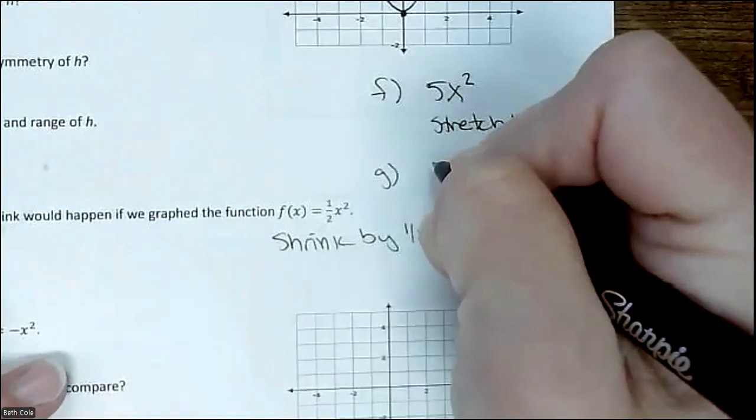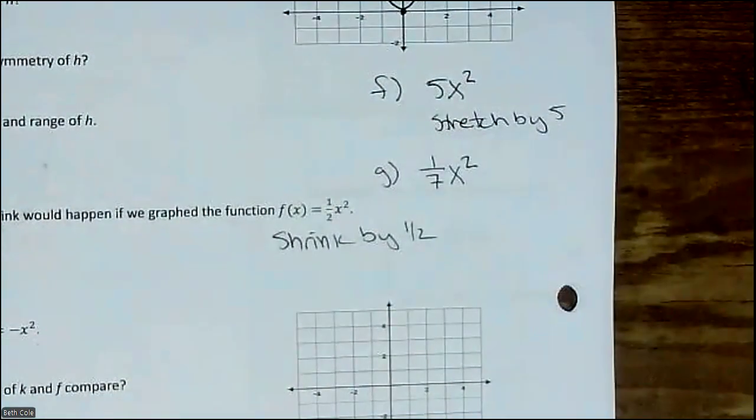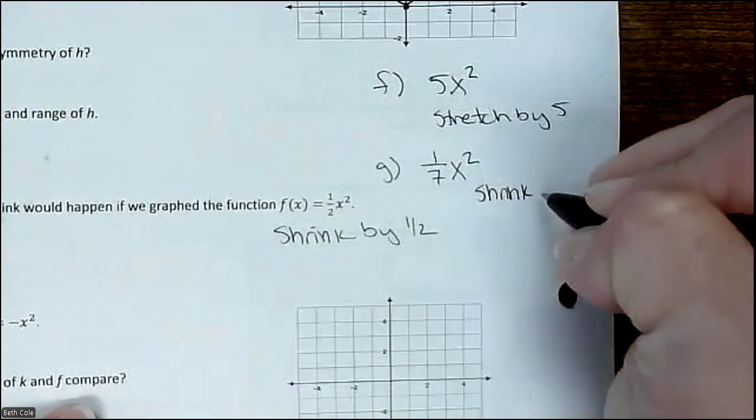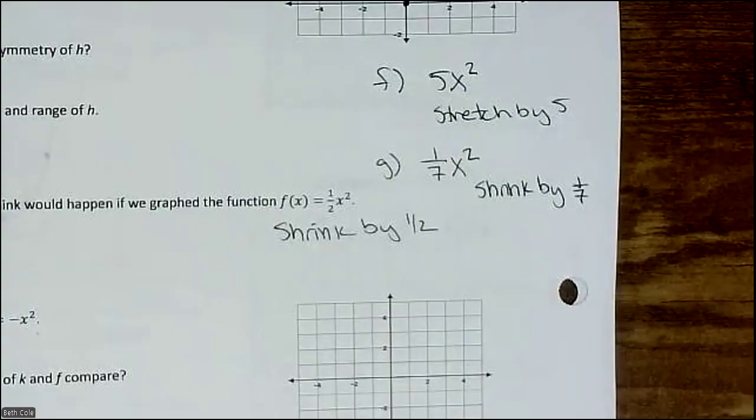All right. Now, what if it was 1/7 x squared? Shrink by what? By 1/7. So it would be like if I compressed you to 1/7 of your size, you would be all widened out. You get what I'm saying? Here, I'll show you. Don't even do anything.